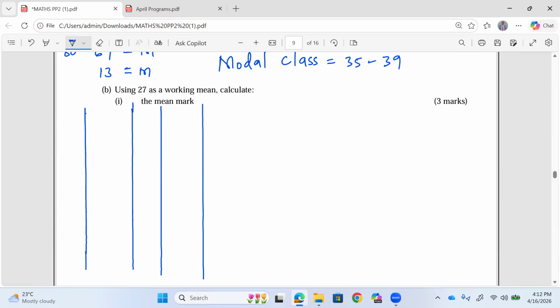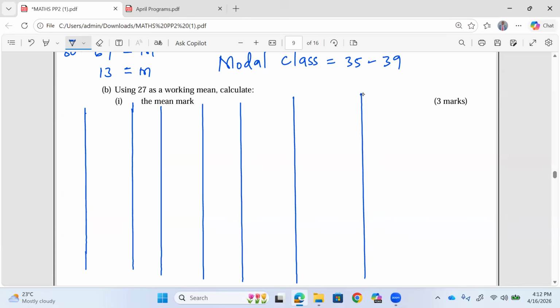From midpoints, we find the deviations of every midpoint from the assumed mean. Then frequency times the deviations. Then from there, ft squared because of the standard deviation. So let's begin.